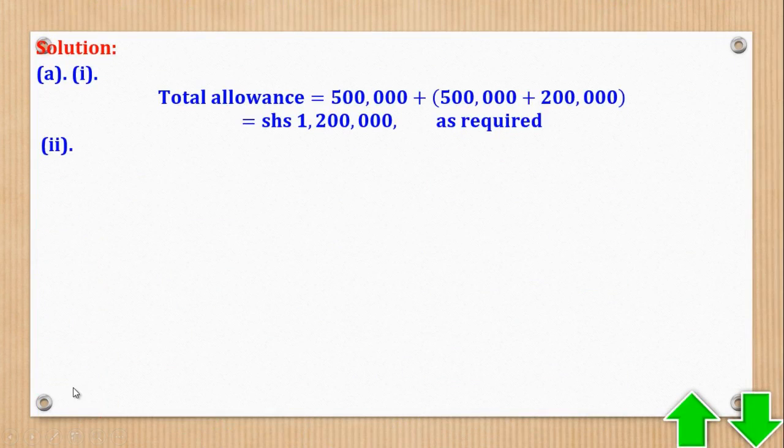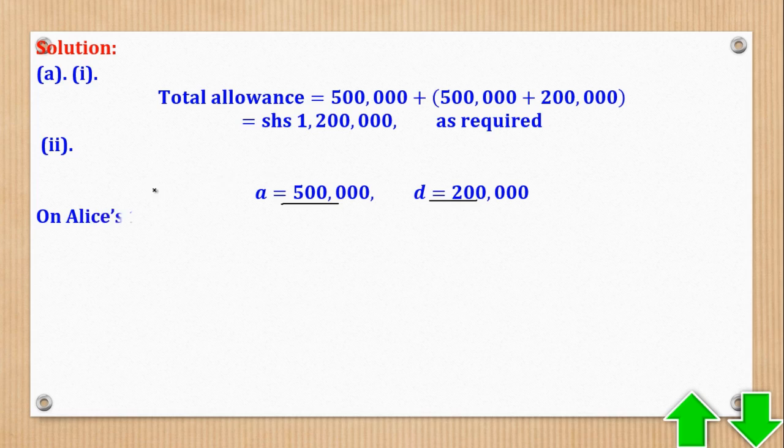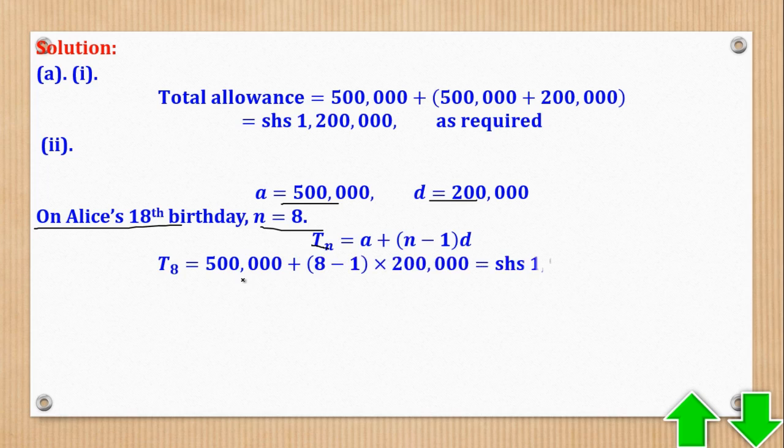So you'll come here and say this is A, this is D. Therefore, on the 18th birthday, n is 8. So nth term is A plus n minus 1 D. So come and get the T8 which they want, which is 500 for A, then n is 8, D is 200 to give you 1.9m. So that was Roman 2.